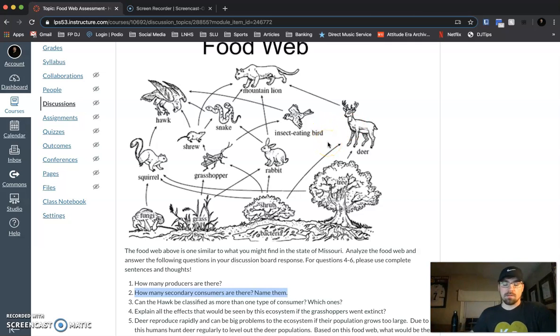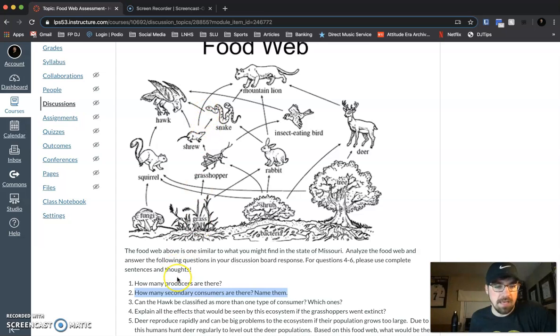Now, again, one misconception, or I guess one confusion that a lot of people have had is, we can classify animals based on different things, right? So let's say the hawk, for instance, that's our next question. The hawk eats secondary consumers, but also eats primary consumers. So you can classify it as a secondary consumer, but you're also going to be able to classify it as a tertiary consumer because it's eating that shrew and the snake.